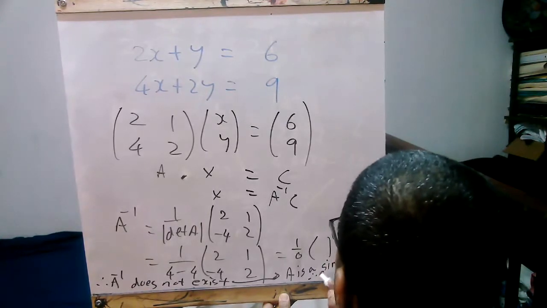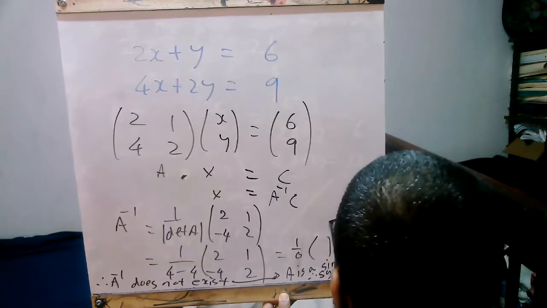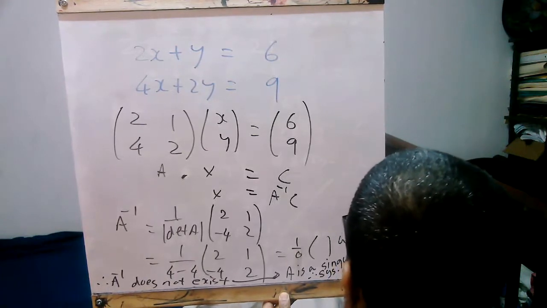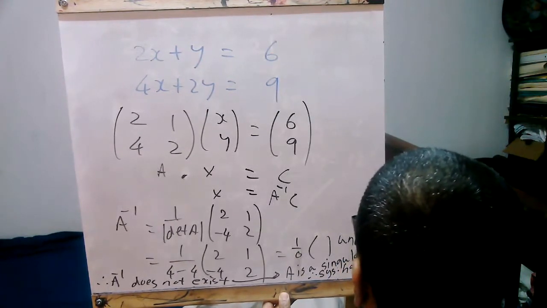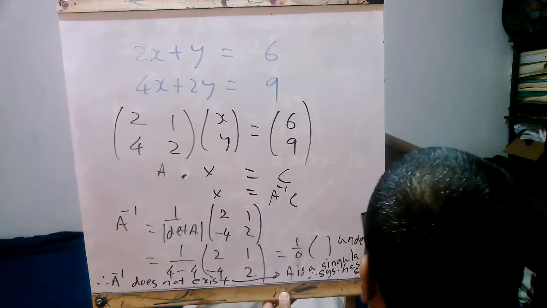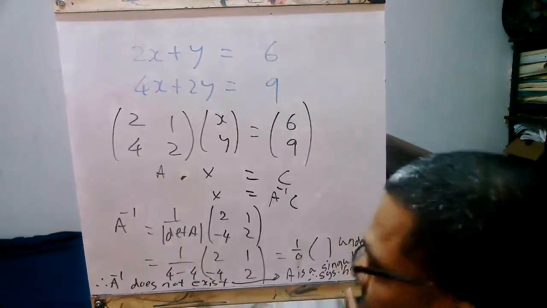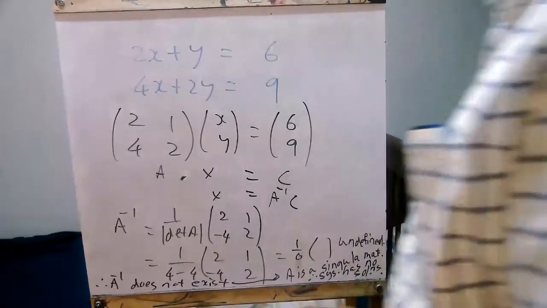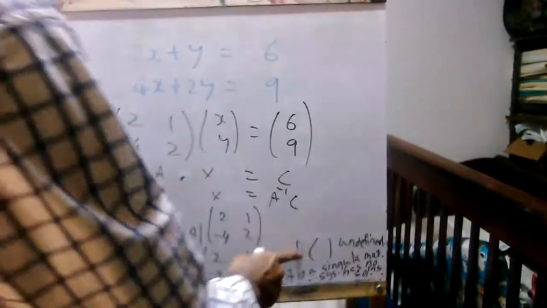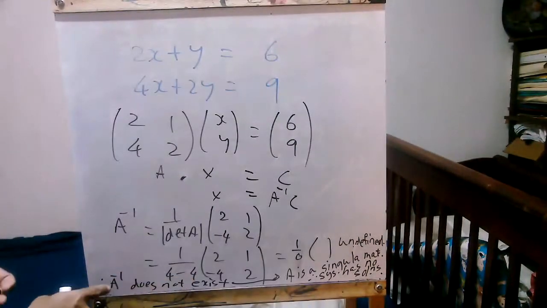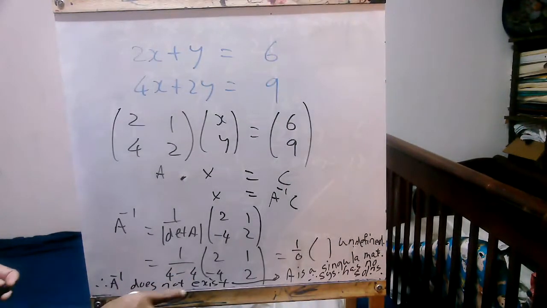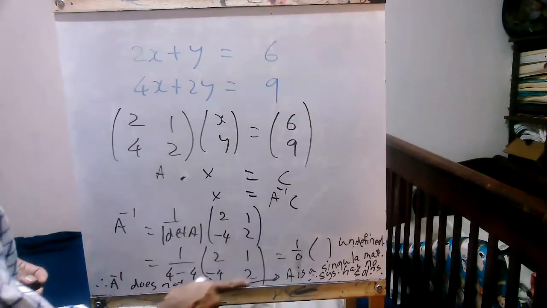Therefore the system has no solutions, right? So this is our final answer. Determinant is undefined, therefore A inverse matrix does not exist.